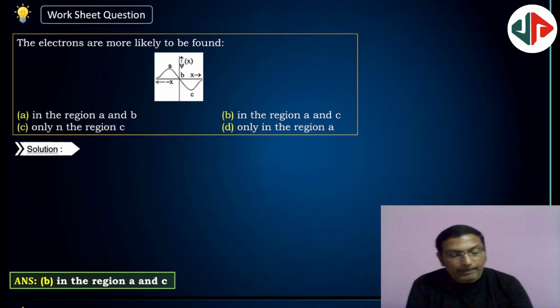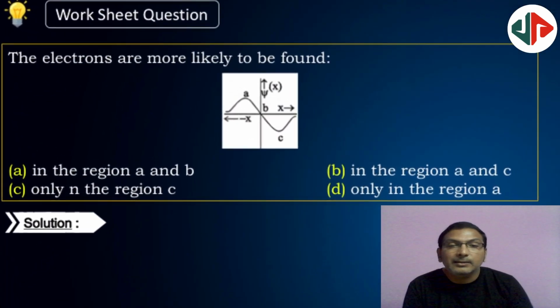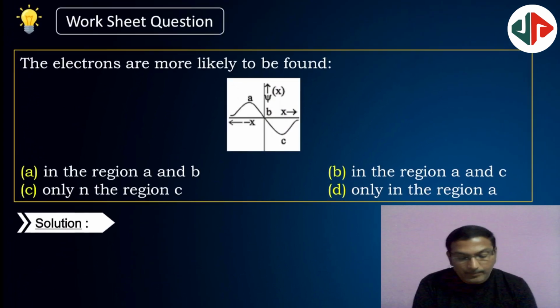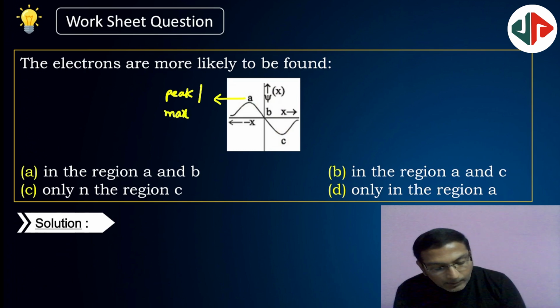Next question. The electrons are more likely to be found at the place where the probability of finding the electron is maximum. See here in the graph, this is A and C. So at A there is a peak or maximum.